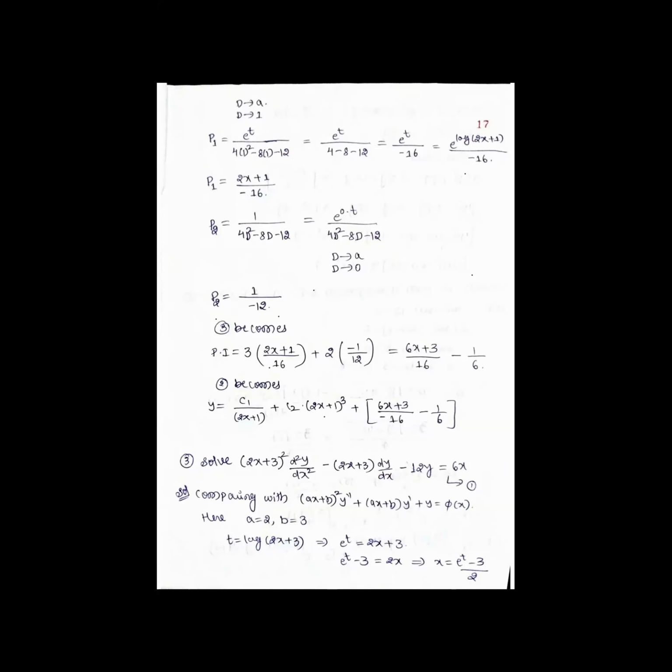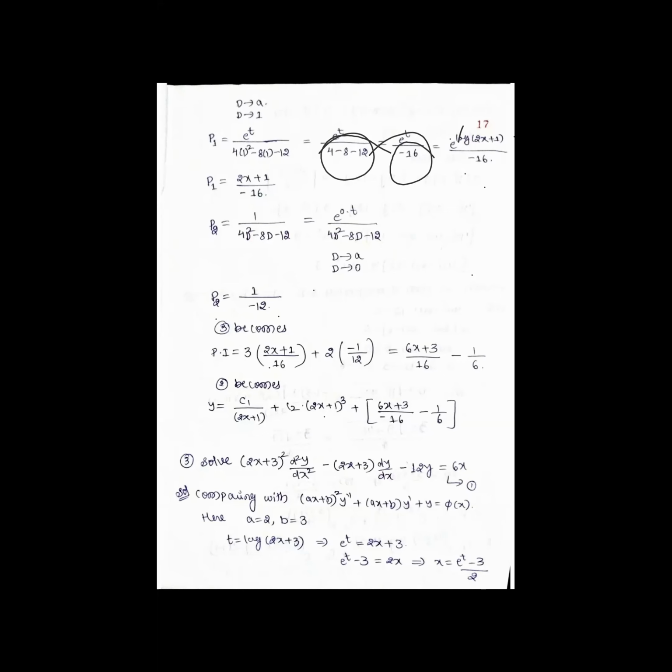So e raised to t divided by 4 minus 8 minus 12, so this will be minus 16. So e raised to t value is log of 2x plus 1 divided by minus 16. Log and e get cancelled. So 2x plus 1 divided by minus 16.